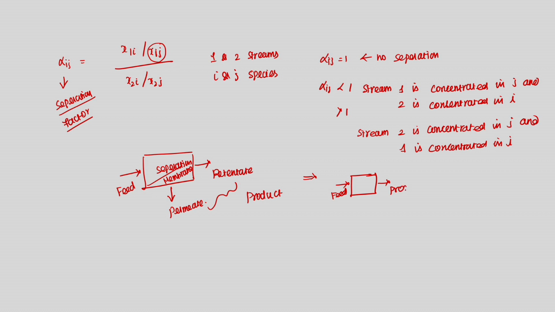To do this separation, I need to use some other external agency, right. So, how do I separate something from the feed as I wanted? That can be done using energy or any material. Okay. For example, in drying technology, to remove the moisture from the product, we use thermal energy.